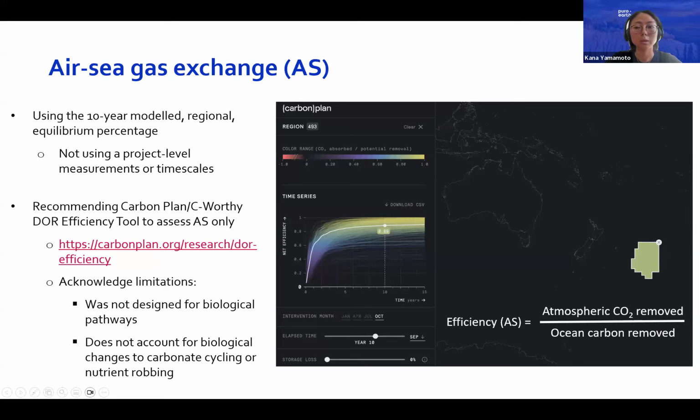So to be clear, we are using this tool solely to quantify this gas exchange efficiency as a result of this carbon removal from MCFS. There are several different settings on this tool. We're proposing that we take this efficiency metric at 10 years for a specific region that overlaps with the deployment site.